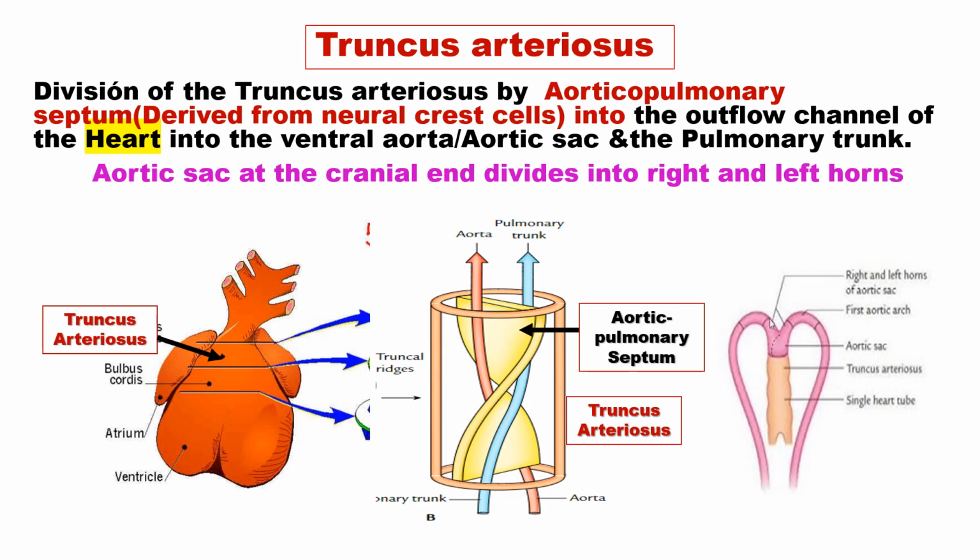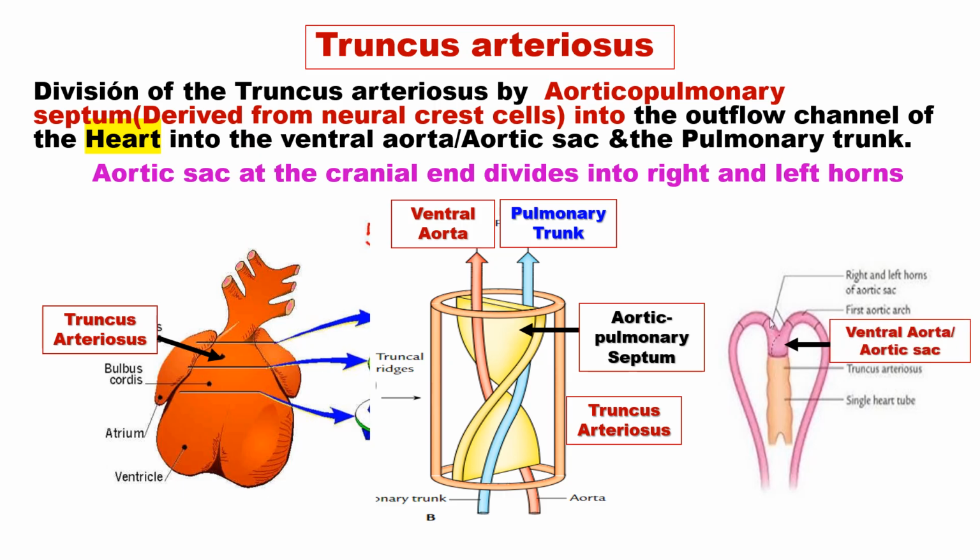The aorticopulmonary septum divides the truncus arteriosus, the outflow channel of the heart, into two components: the ventral aorta or aortic sac, and the pulmonary trunk. The aortic sac, the cranial end, divides into right and left horns.